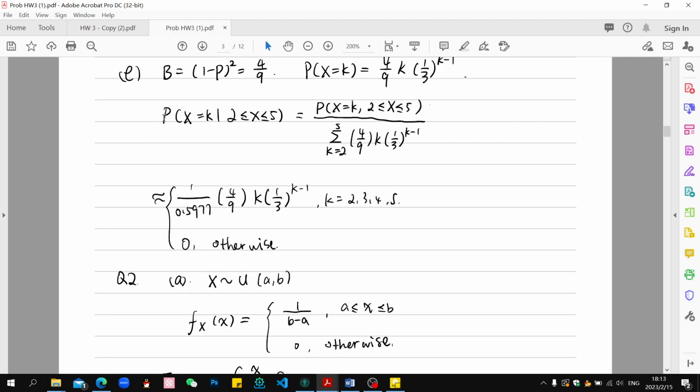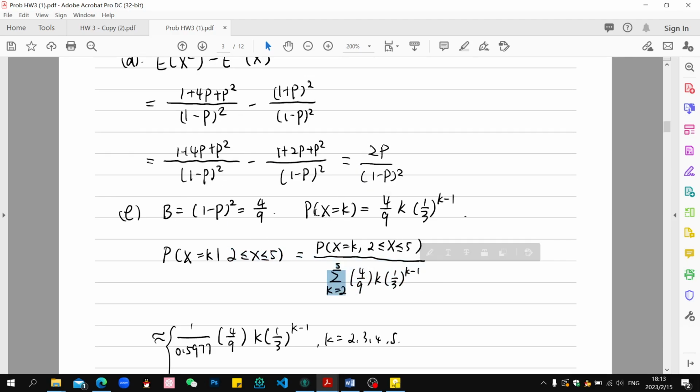We can transform this probability, and we know that it is like this: the probability of the two events over the probability of this event, that is, the sum of p(x = k) for k equals 2, 3, 4, and 5.